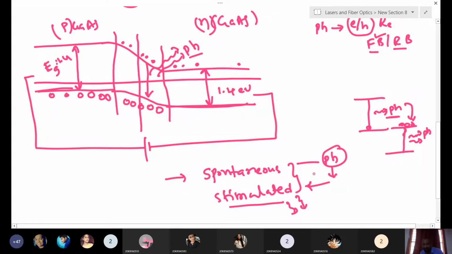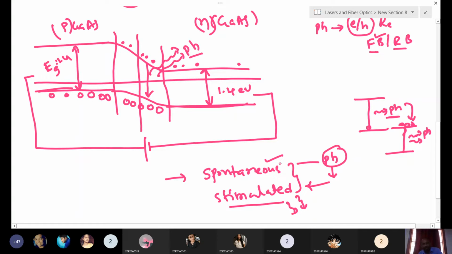Those photons we get from the spontaneous emission process, right? That is what we discussed in helium-neon and gas lasers. To trigger the stimulated emission process, we utilize the photons emitted in spontaneous emission.